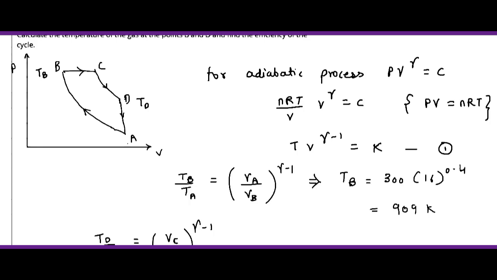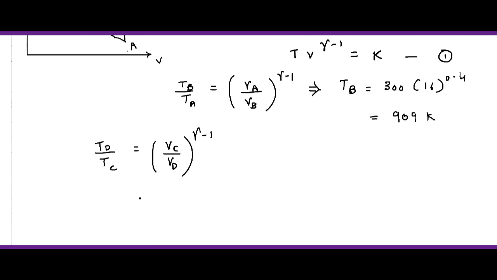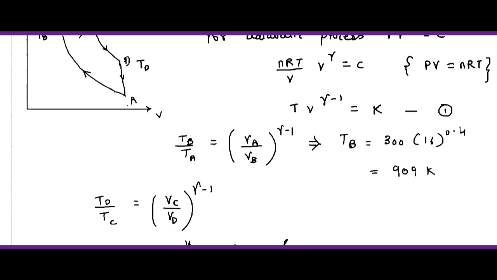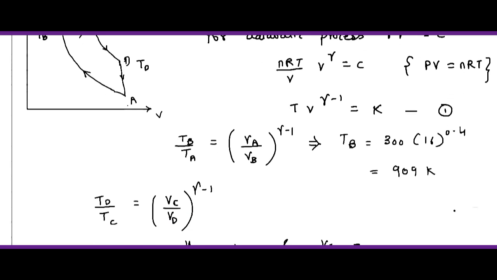So for this we have to first consider that we have been given VA by VB as 16, and we have been given the ratio VC by VB as 2.